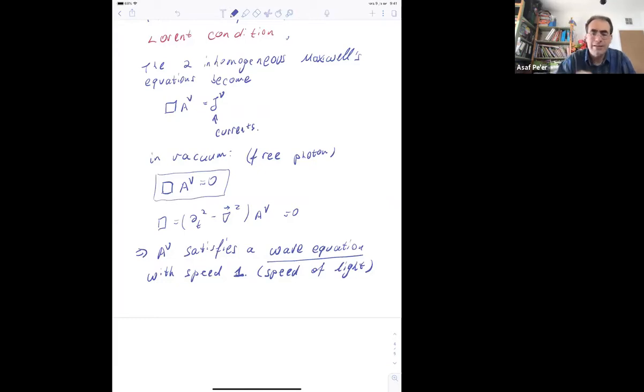Okay, now I did not quantize anything, right? This is just, everything is classical. But just so that you see what happens here, I played with the mass and then I got something which looks quite familiar.